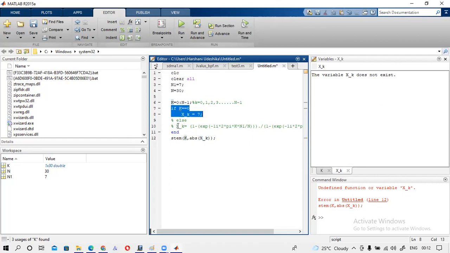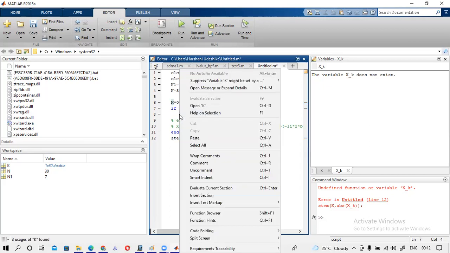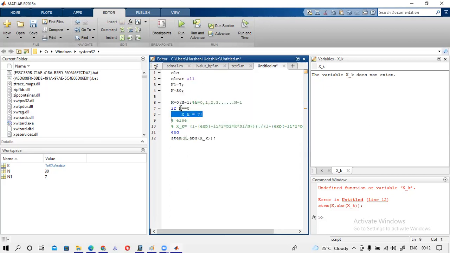I can't understand what is there. There is a description. Variable k might be set by a non-scalar operator.